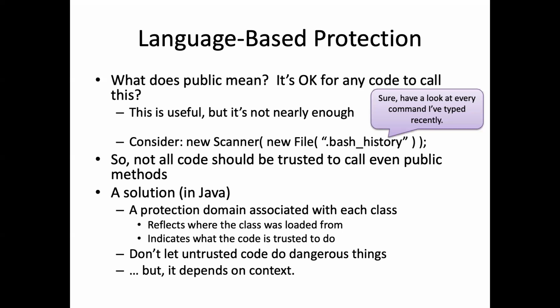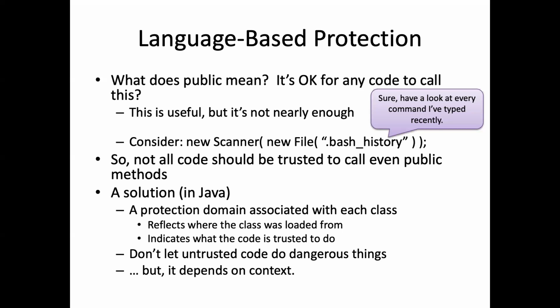And I guess if I'm just running the compiler, someone else having access to that history might not be a big deal. But if I'm typing in commands that could be sensitive, maybe commands that have passwords in them, I wouldn't want other untrusted users to be able to access those.